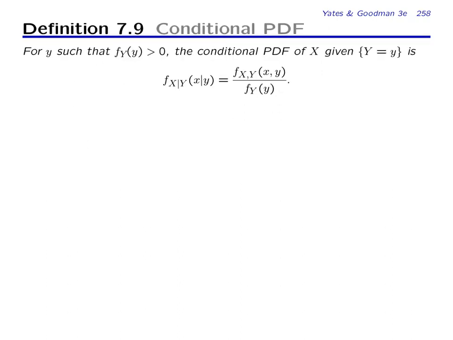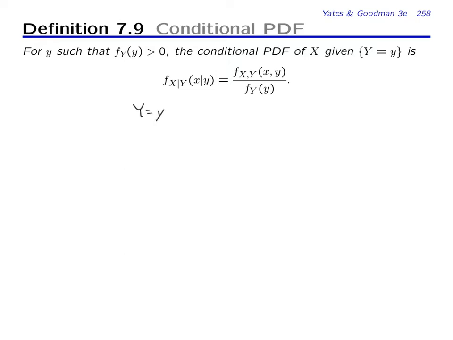So with discrete random variables, conditional PMFs were just a restatement of conditional probabilities. But now we would like to think about continuous random variables x and y, and we'd like to condition on the event that y equals y.